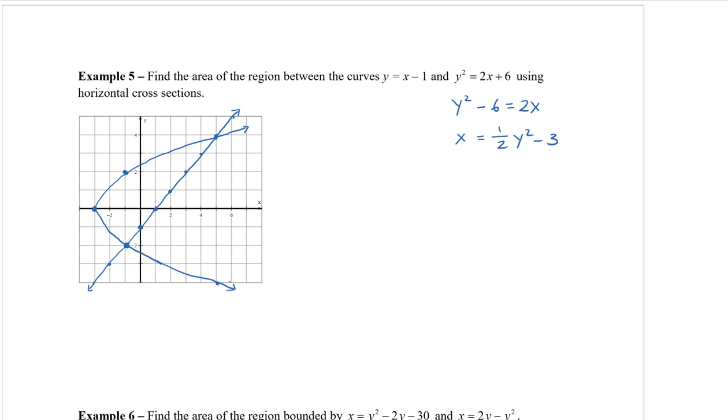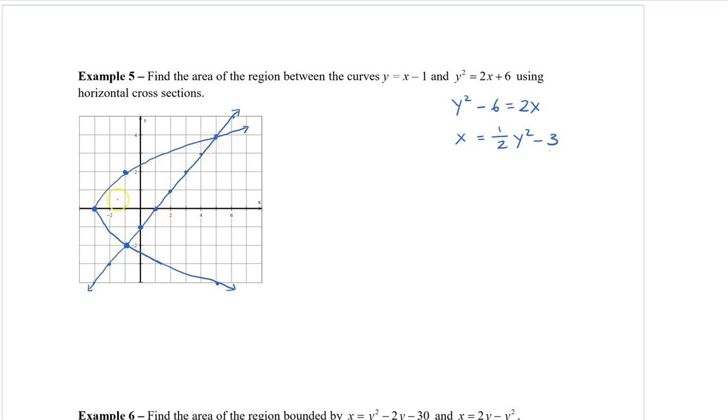All right, now, if we want to find the area, if I did vertical cross sections, I will have a different curve as we cross -2. So from -3 to -1, I have a top parabola and a bottom parabola. But then from -1 to 5, I have the parabola on the top and a line on the bottom.